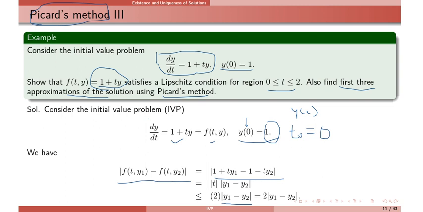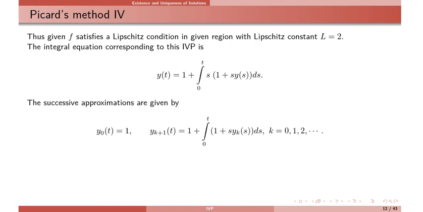So now I am moving to the second part. Write 3 approximations using Picard's method that we are going to learn now. So how do I write the approximation? I start with the known solution y0.